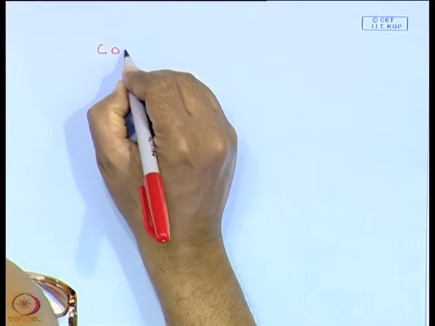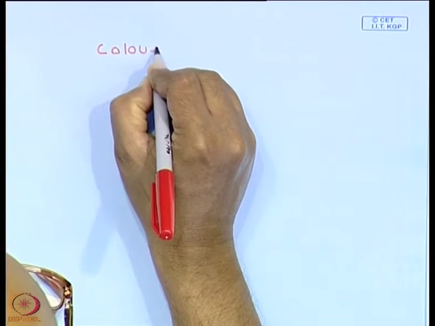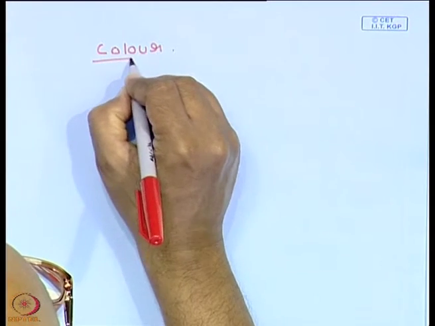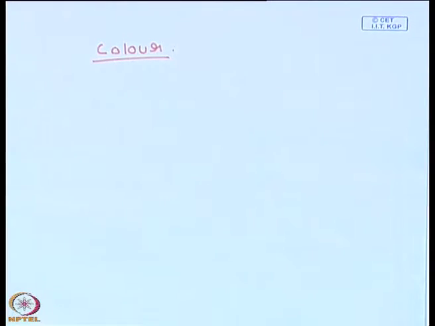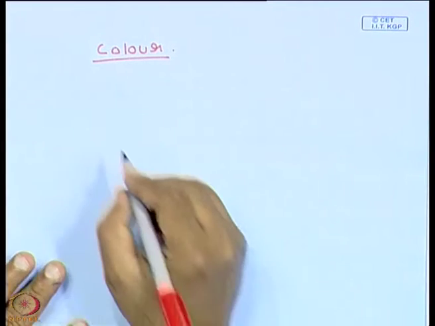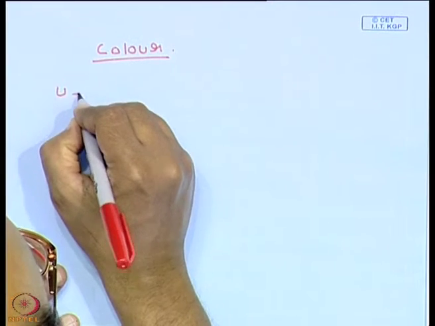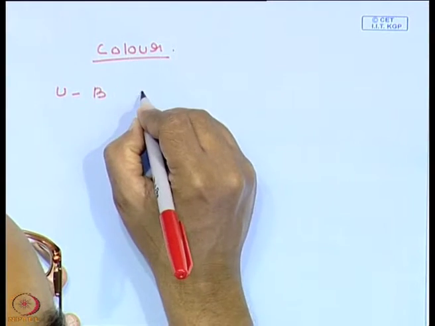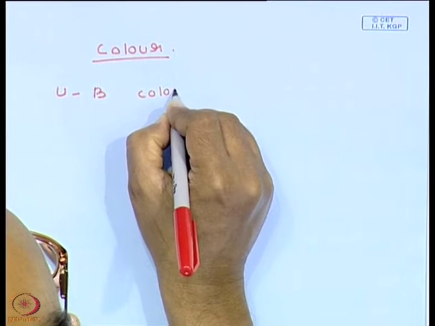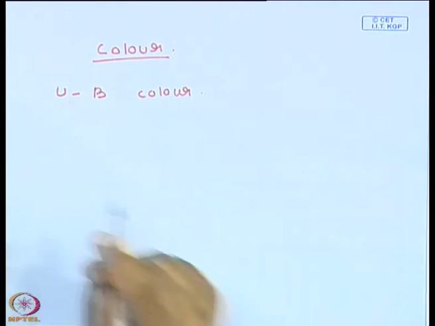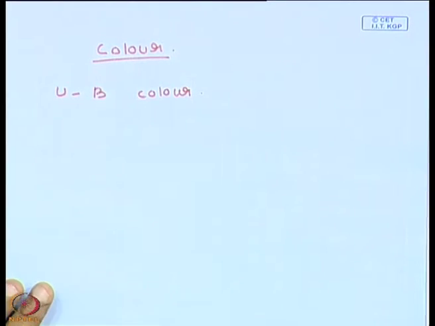But there is something called a color. One can define something called a color, and you can have different kinds of colors. So, you could have a U minus B color. What is the U minus B color?